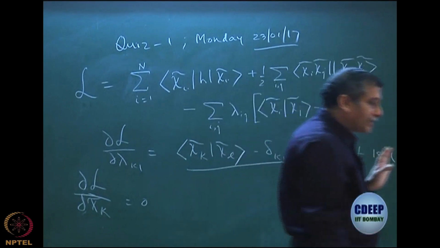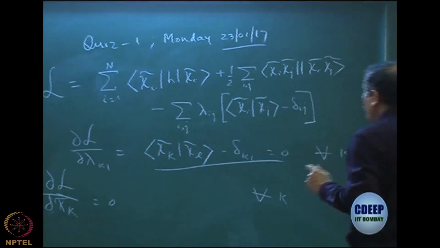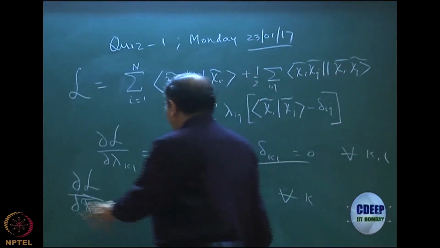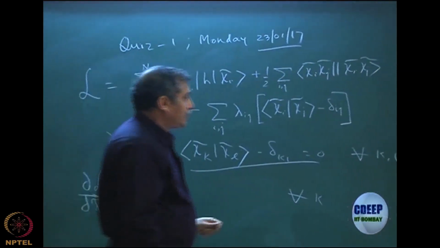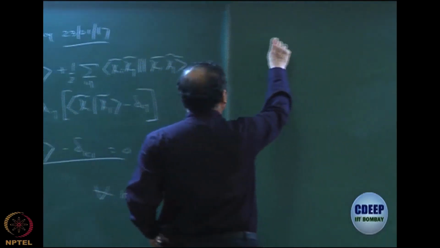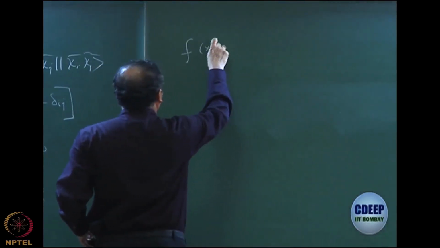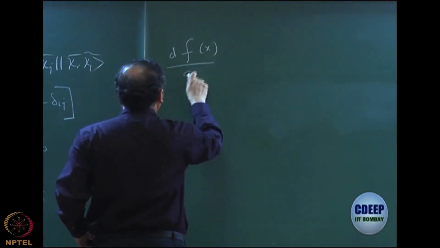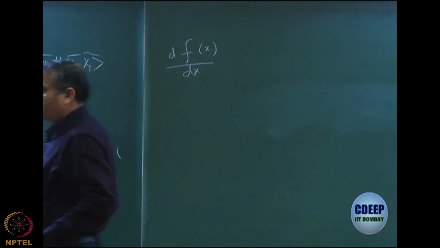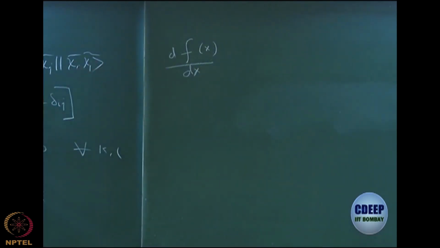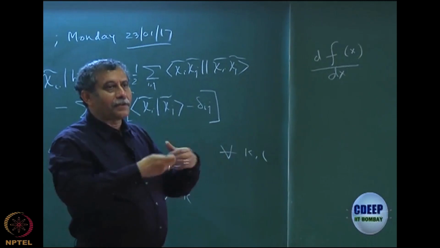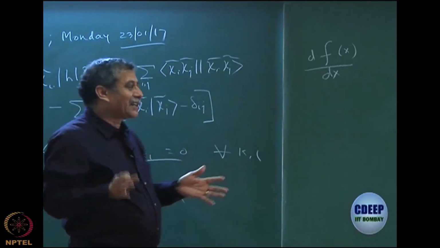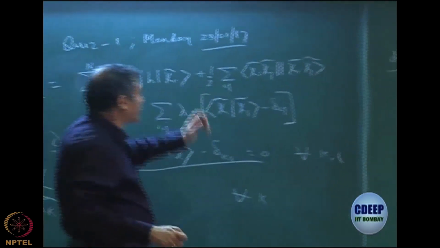Now before we start doing this, let me write the first derivative in a somewhat different manner, which is easy. I hope all of you know this interpretation. Say I have f of x and I want to calculate df dx. Of course, in this case I don't write delta because it is only one variable. There are many ways of looking at the first derivative. If you are given an analytic function, you can directly differentiate, but here that is not the case.